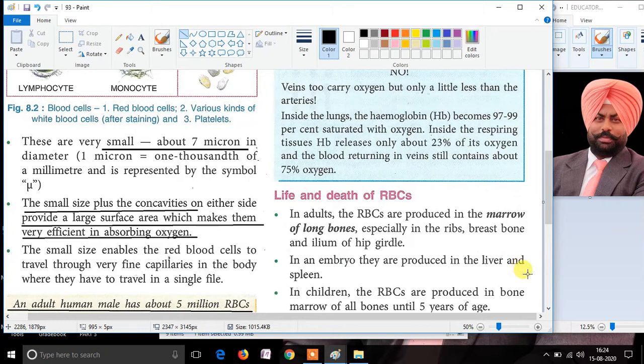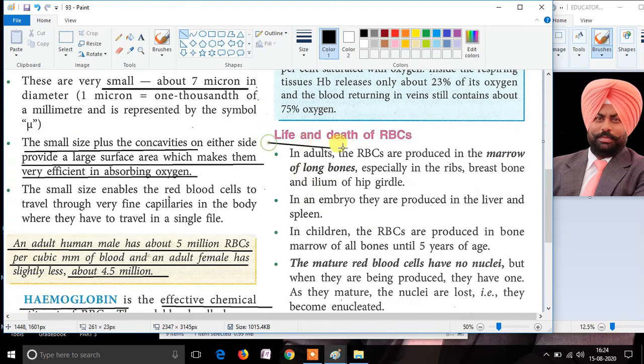Moving on further, let's study about the life cycle of RBCs. RBCs are produced in the bone marrows of long bones, especially in adults. Red blood cells are also produced in the bones of ribs, in the breastbone, and also in the ileum of hip girdle.